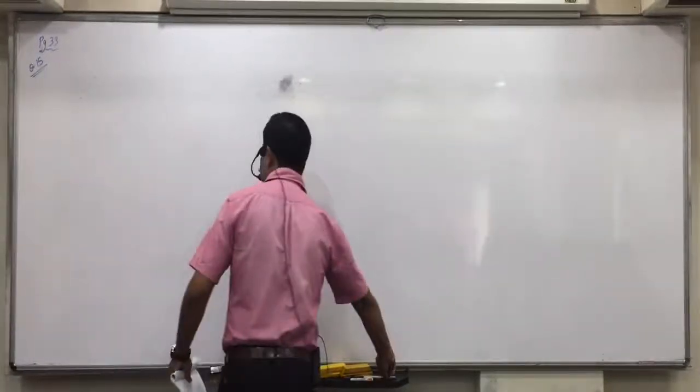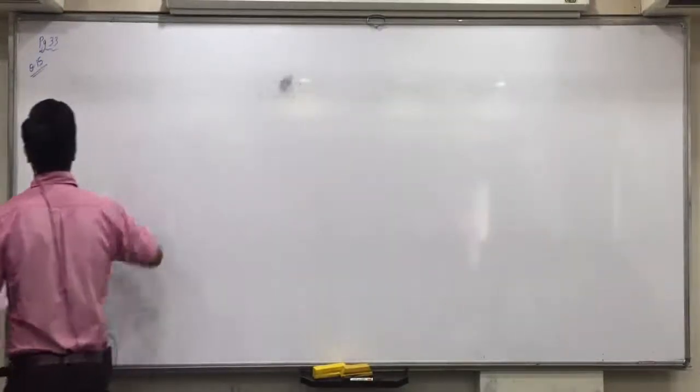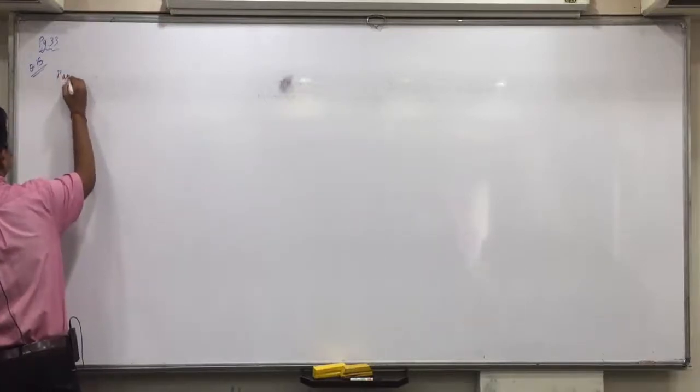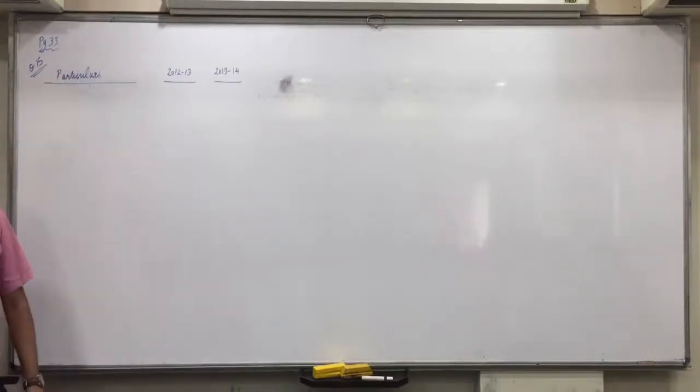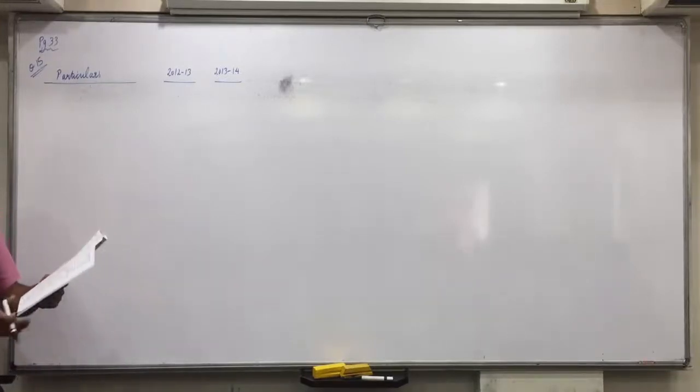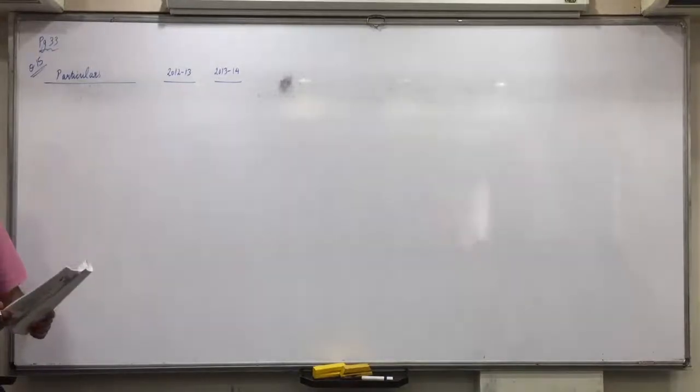Make 2 columns. Particulars, 12 to 13 and 13 to 14. Are there any preference shares given? Yes or no? No. Means can I say net profit given to you itself is the profit attributable to equity shareholders?